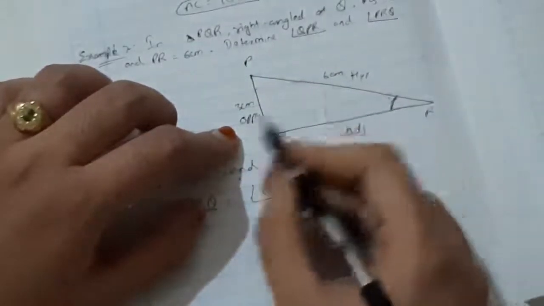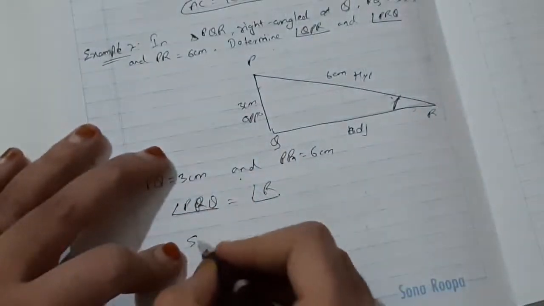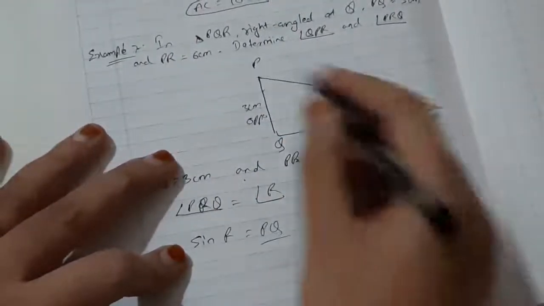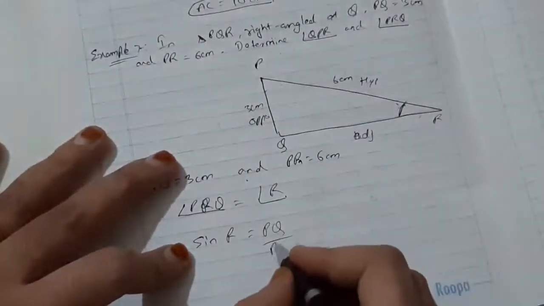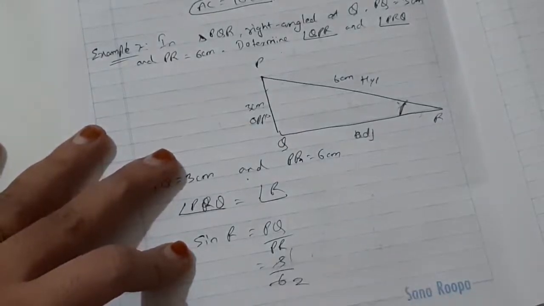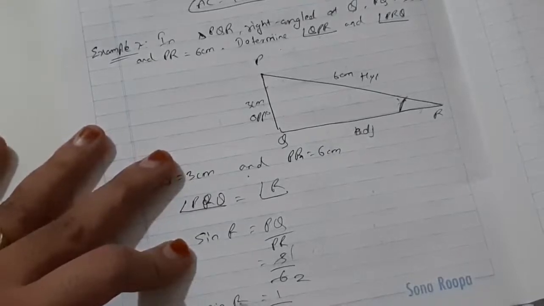So you have opposite and hypotenuse. So you can write sine R is equal to, opposite is PQ and hypotenuse is PR. So it is 3 divided by 6, so it is 1 by 2. So sine R is equal to 1 by 2.